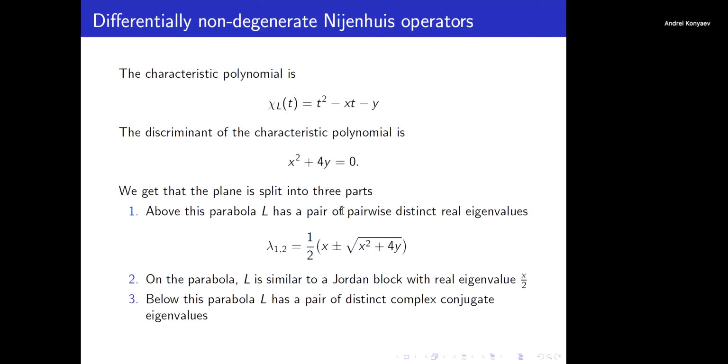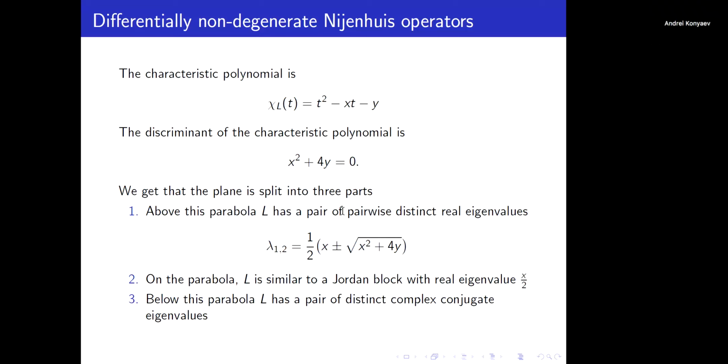Below this parabola, we have a pair of distinct complex conjugate eigenvalues. We know the normal form because below this parabola we have a complex structure. We have a one-dimensional complex space, and the operator has the form which corresponds to that.